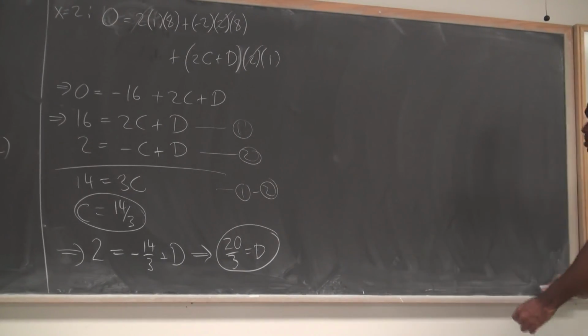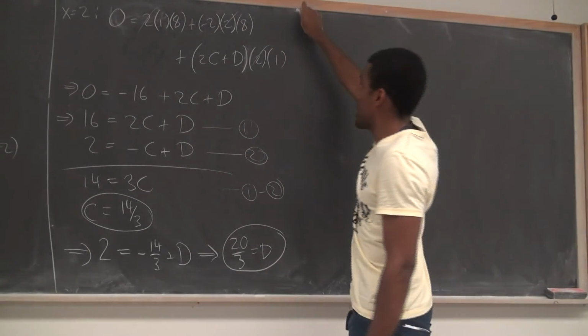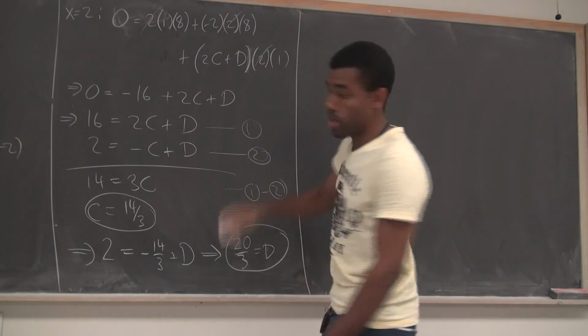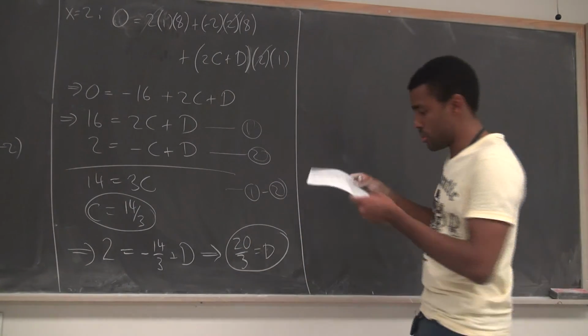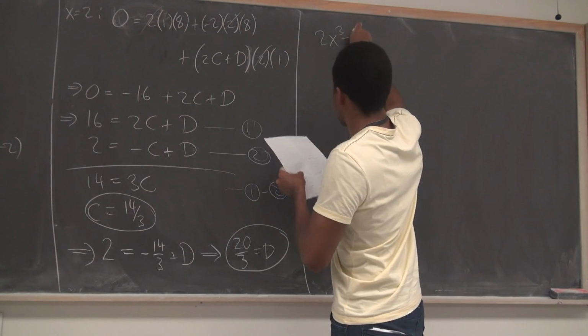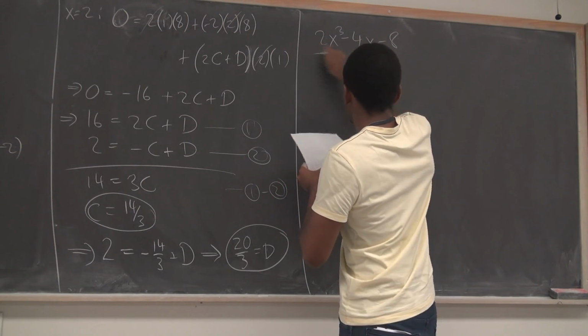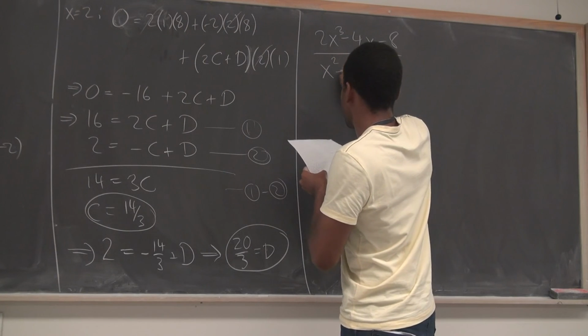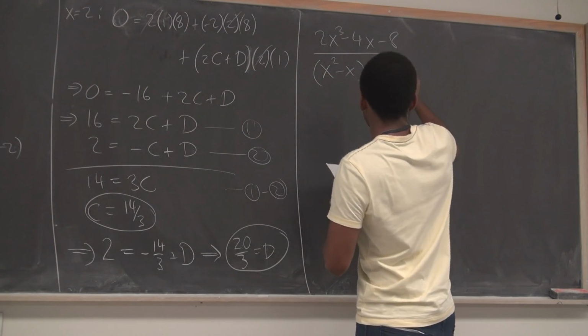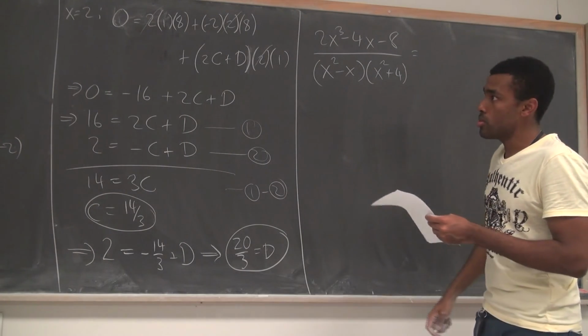Calculators are not allowed. So we have everything now. We're doing this because we might want to integrate something that looks like this. What would it break up into?